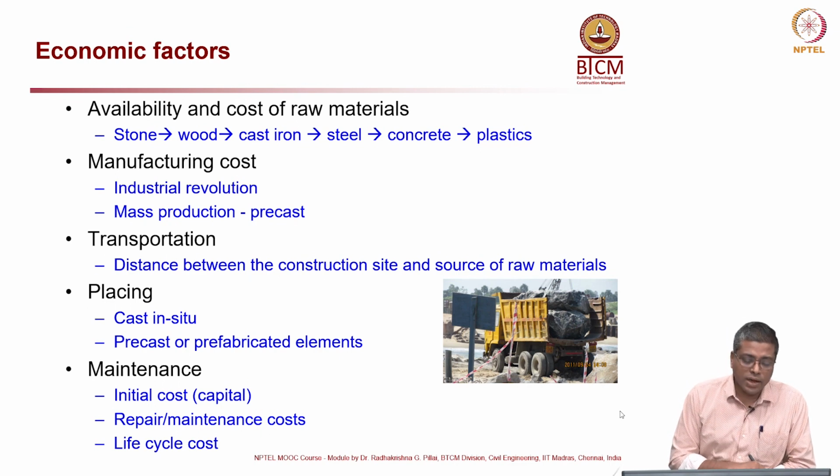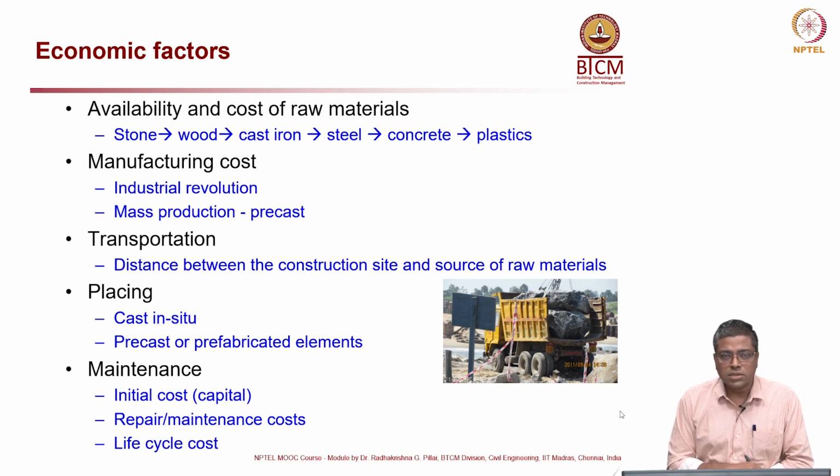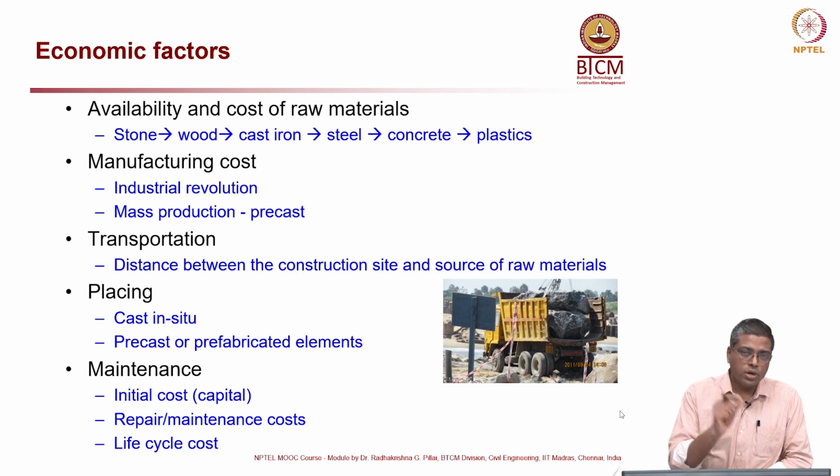Definitely availability of the raw materials is very, very important. In civil engineering construction, whatever material we talk about, we consume them in very large quantity. So, you have to think about the unit cost of the material, where you can get it from, the type of material, the availability, and the transportation cost.